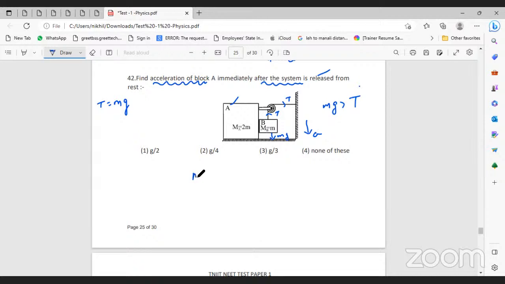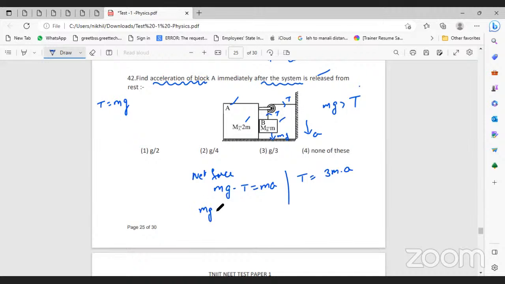So how to calculate the net force over there? Since it is coming down with more force, you can tell the net force mg minus T is equal to M into A. But this tension is pulling this block plus this block. So the total tension should be equal to the total mass 3m into A, with which acceleration it is pulling.